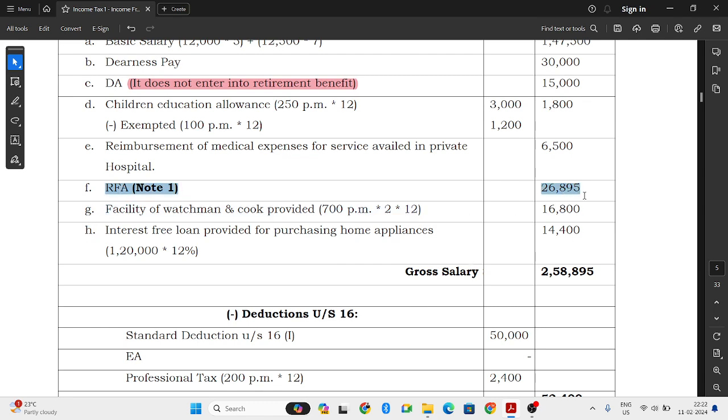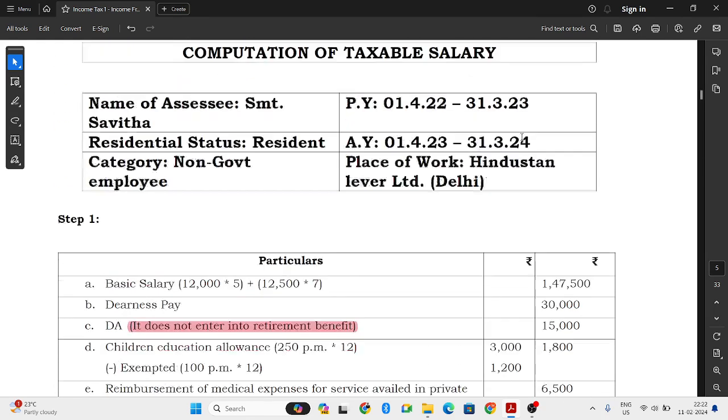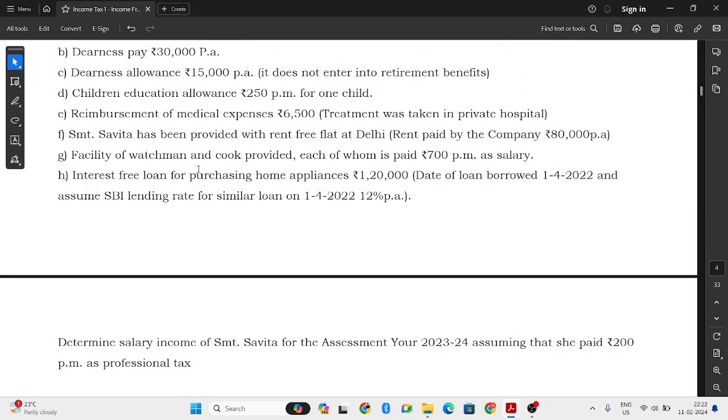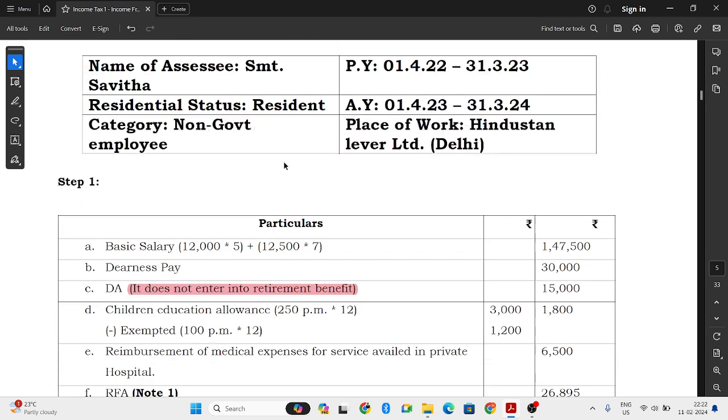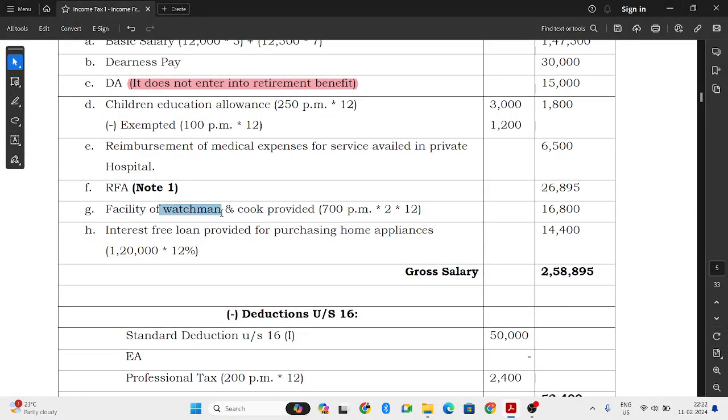See here, 26,895. Next, the facility of watchman and cook provided, each of whom is paid 700 per month as salary. Two people are there, 700 per month, for 12 months, so the total amount will be 16,800.